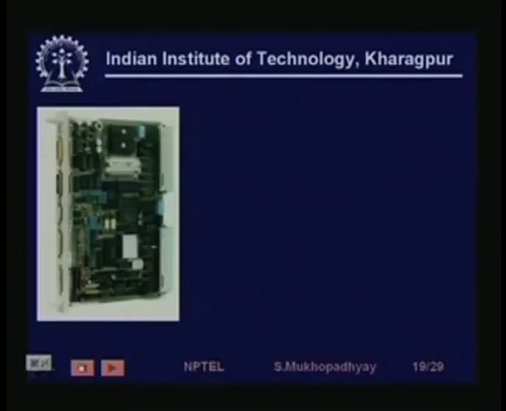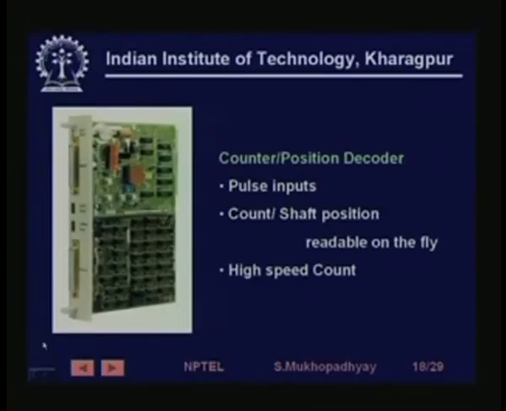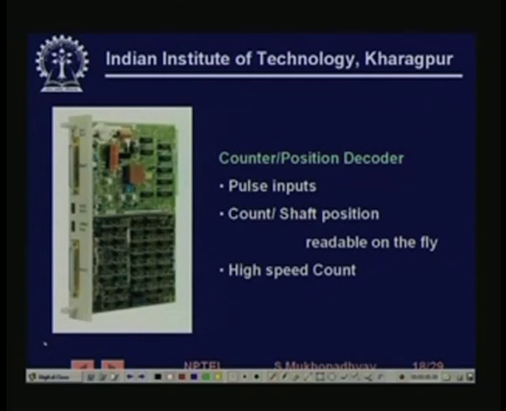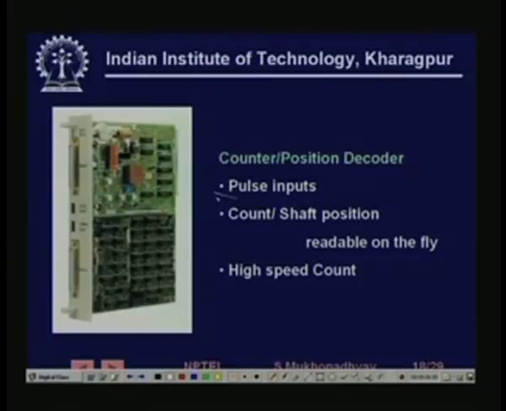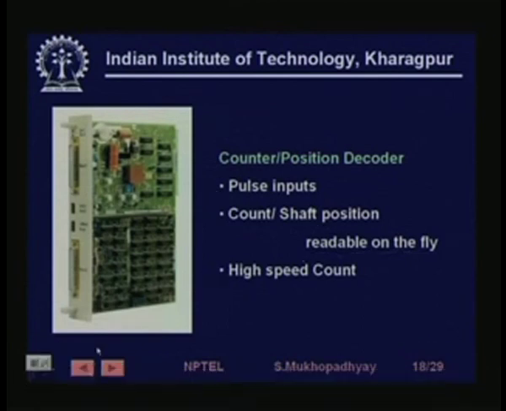Some of these can be used either as a counter or as a position decoder. You have pulse inputs, you can count or read shaft position, and both are readable on the fly and at high speed. This is just to give you a feel of the PLC system.